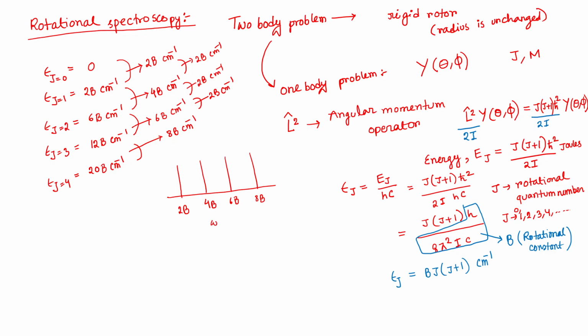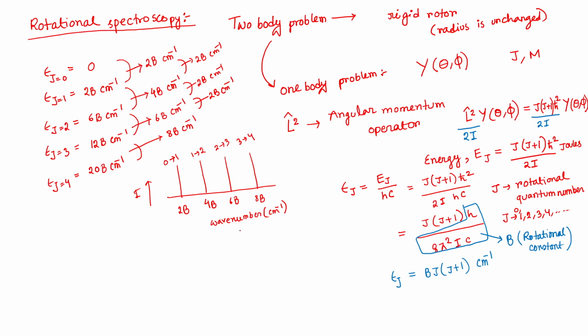This axis is mostly wave number in centimeter inverse, right? And this is the intensity. See, this is for your 0 to 1 transition, right? So this is for 1 to 2 transition. This is for 2 to 3. This is 3 to 4. So the gap is always 2B. Okay. This is another thing.